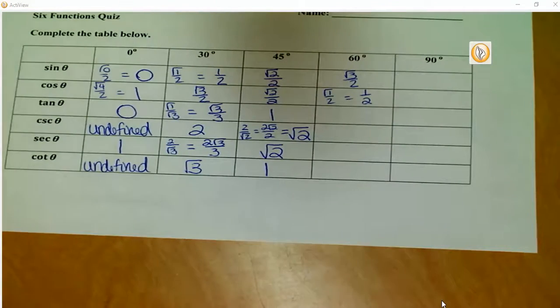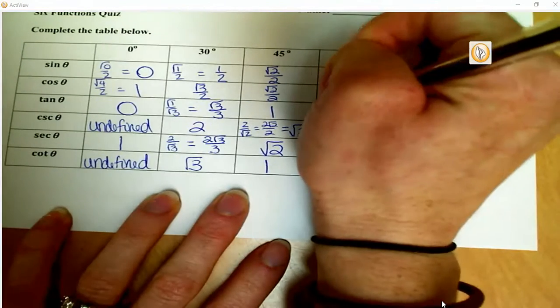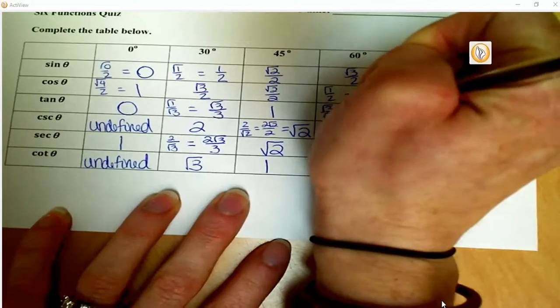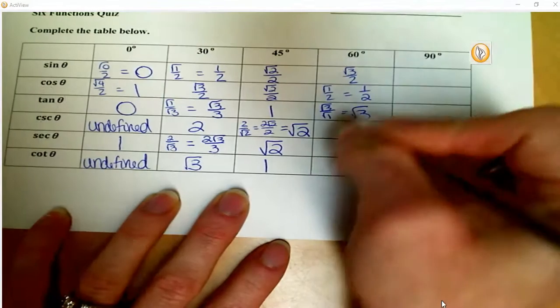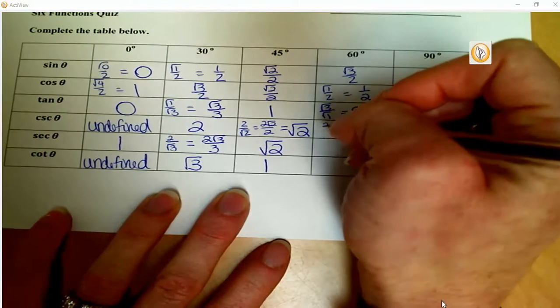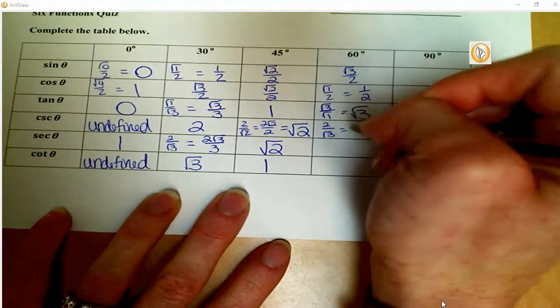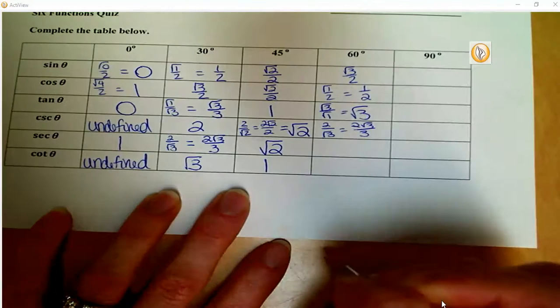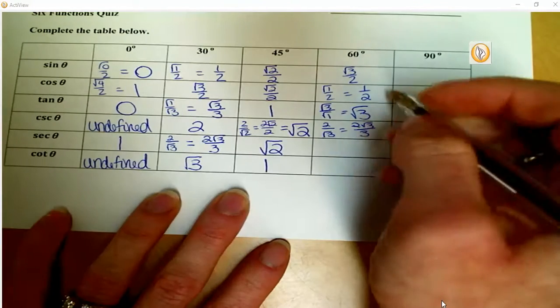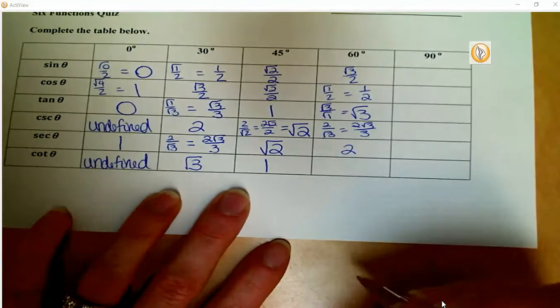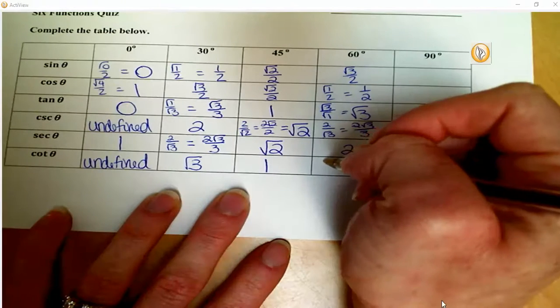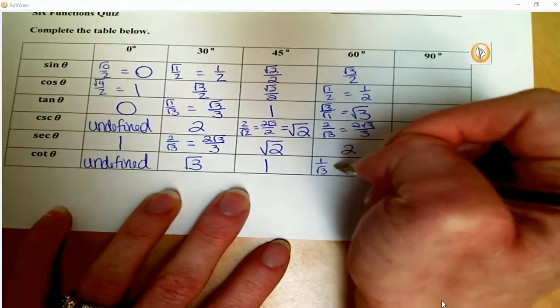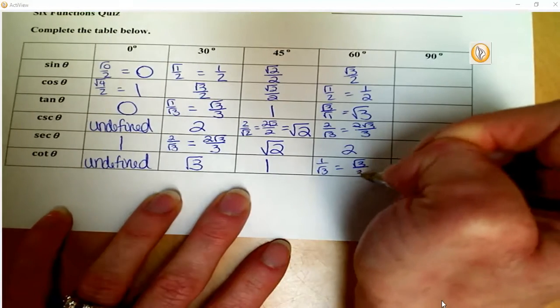Tangent, radical top over radical bottom, so radical 3 over radical 1 is radical 3. Cosecant, reciprocal of sine, so 2 over radical 3 becomes 2 radical 3 over 3. Secant, reciprocal of cosine, reciprocal of 1/2 is 2. Cotangent, reciprocal of tangent, so 1 over radical 3 is radical 3 over 3.